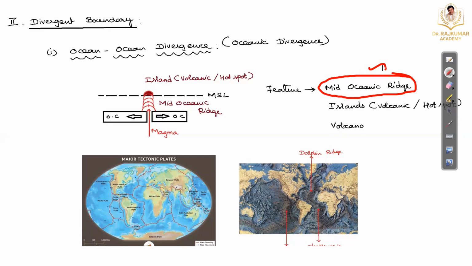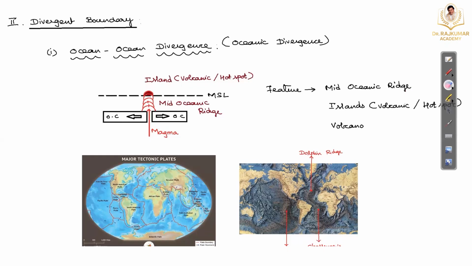Can I say this growing ridge can at one point of time emerge above mean sea level? If it emerges above mean sea level, it becomes an example of islands. And I should call this island a volcanic island, or a hotspot island. You call them volcanic islands and hotspot islands.